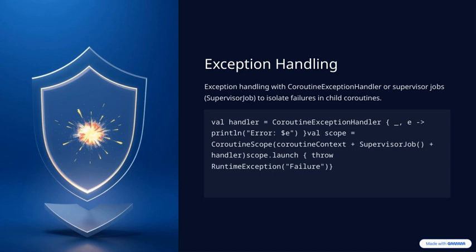This approach is really powerful because it helps us build resilient, fault-tolerant applications by isolating failures and handling errors cleanly. It connects to our overall theme of managing asynchronous tasks effectively, ensuring our app remains responsive and stable even when some parts encounter problems.